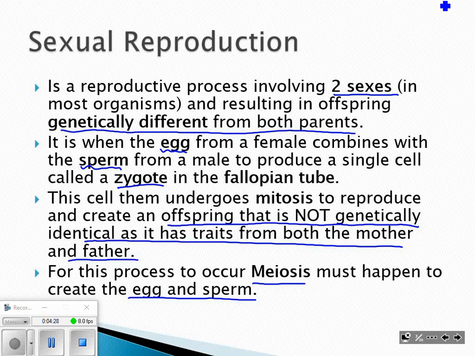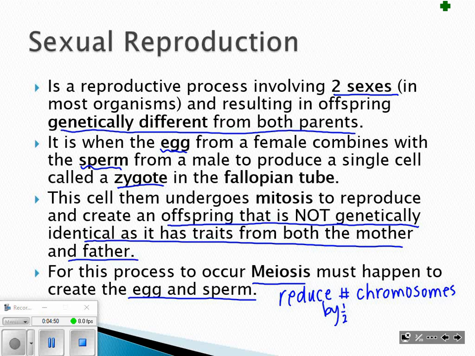And the whole reason we have to do meiosis is to reduce the number of chromosomes by half. Okay? Because we talked last day about how many chromosomes humans have.